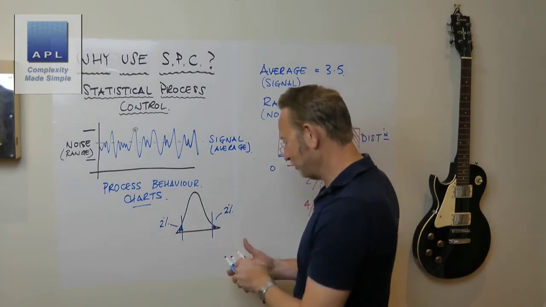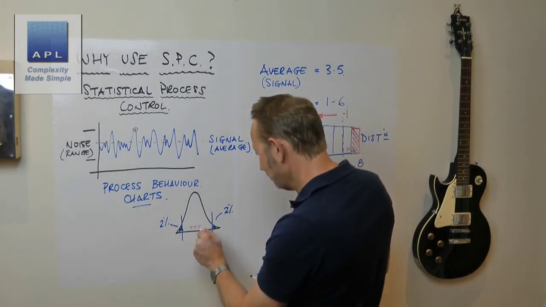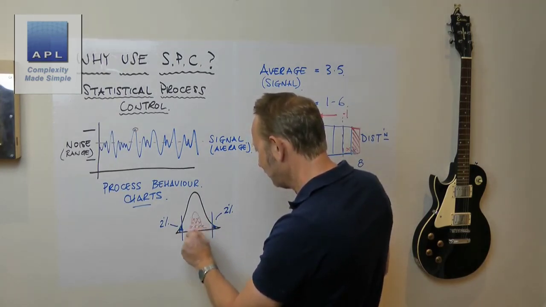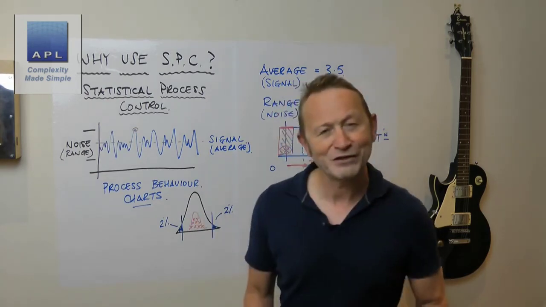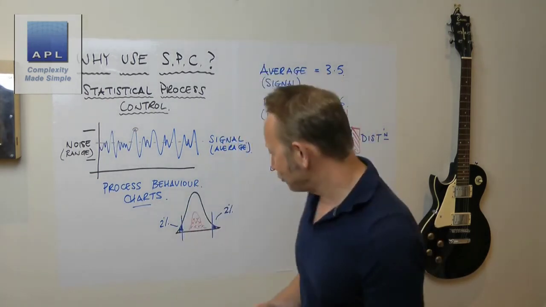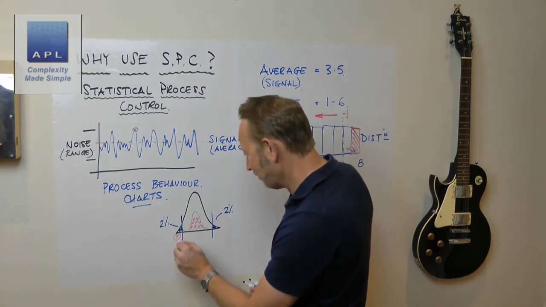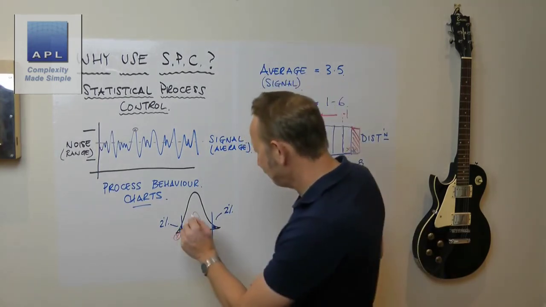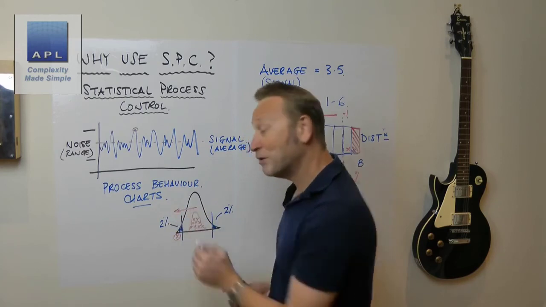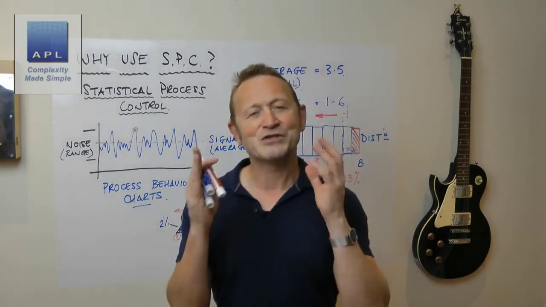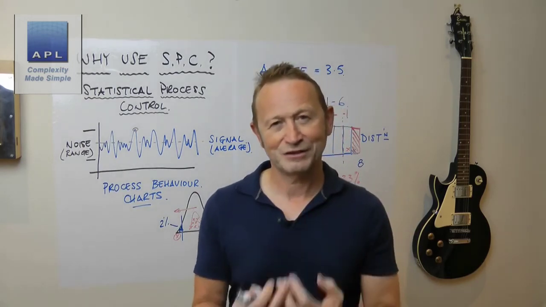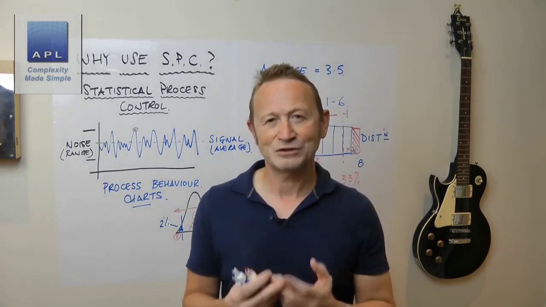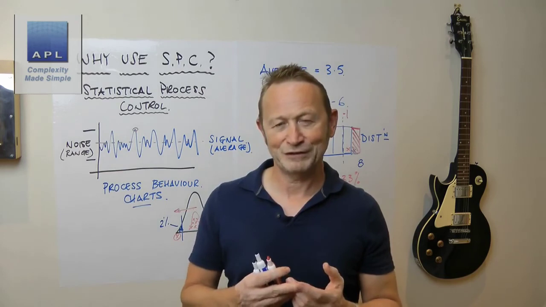Well, most of the time, they'll see good results because there's lots of opportunity to produce good results. What will they think they've got? They won't think they've got the black distribution, they'll think they've got the red distribution. But then, of course, there's time when you have to get one there. Now they believe the process has moved when it really hasn't, because they don't understand the signal and the noise coming from their process. They don't understand natural process behavior.